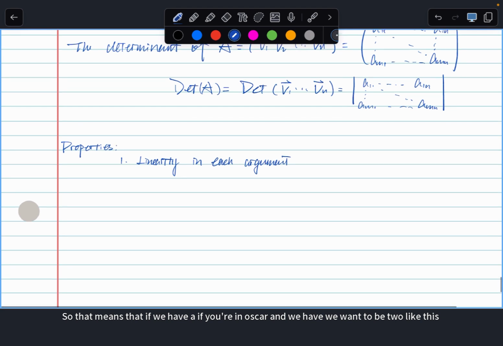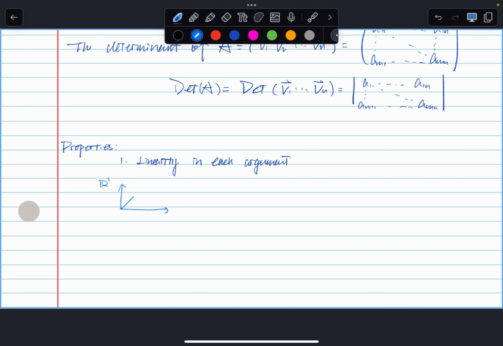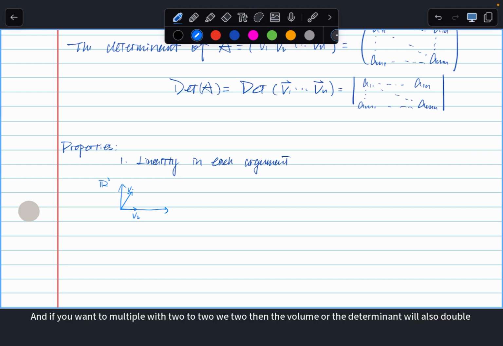So that means that if we're in R squared, and we have v1 and v2 like this, and if we want to multiply v2 to 2v2, then the volume or the determinant will also double.